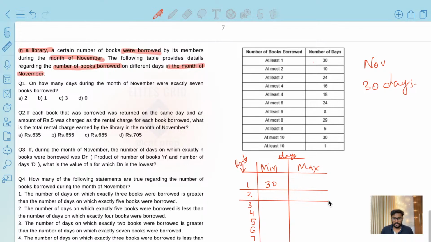Now, 2, at least 24. A minimum of 24 days and a maximum of 10 days.